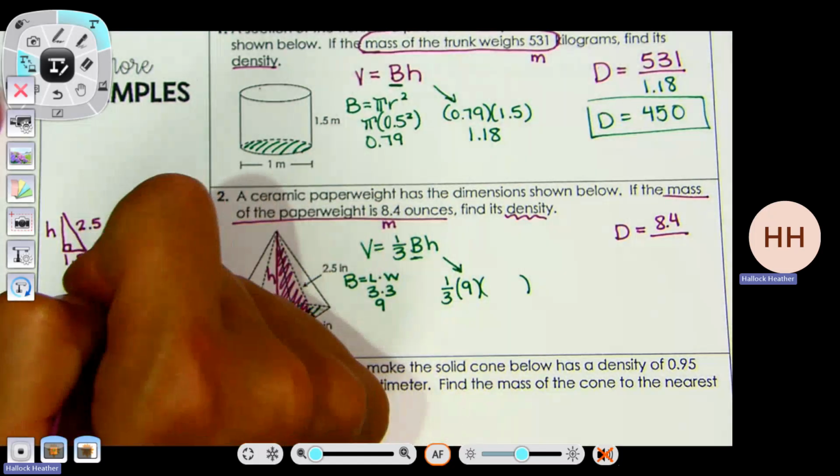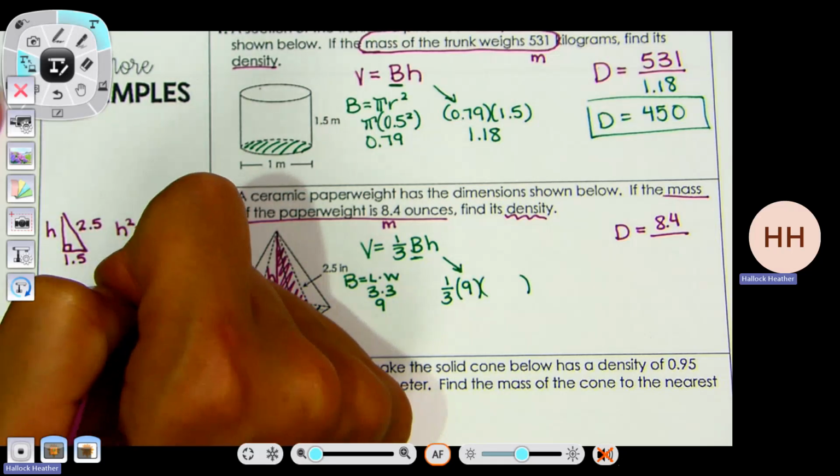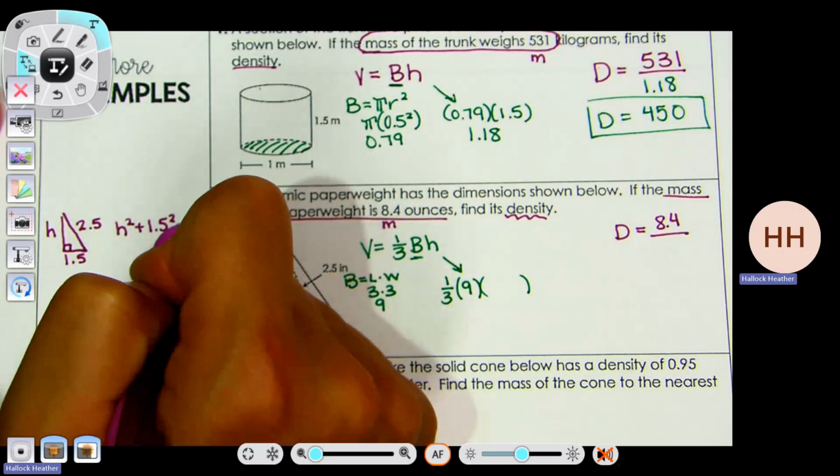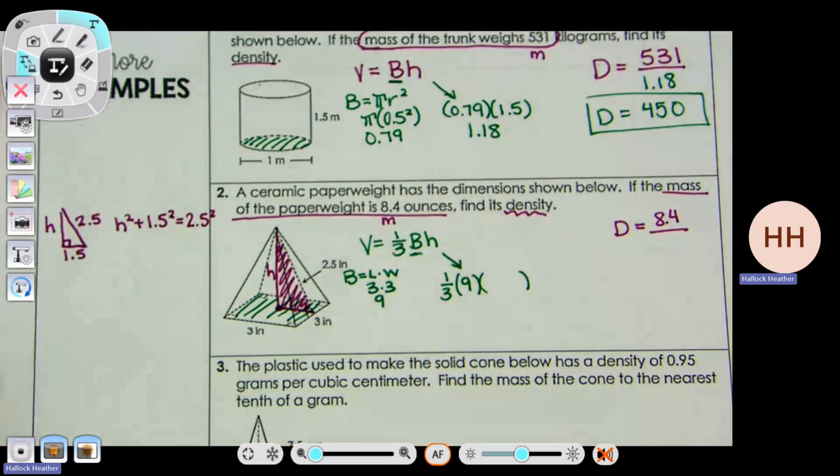We're going to do the Pythagorean theorem. We have h to the power of 2 plus 1.5 to the power of 2 equals 2.5 to the power of 2. If you know how to do this in the calculator without showing the work to the Pythagorean theorem, I'm fine with that. If you want to write it out, that's also okay. Can you condense? Yes.